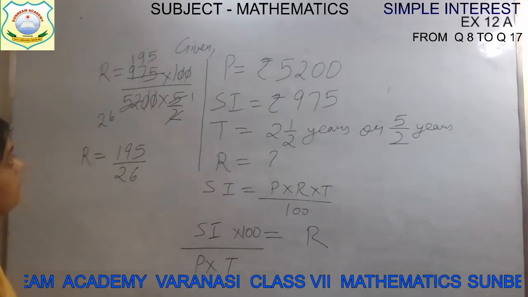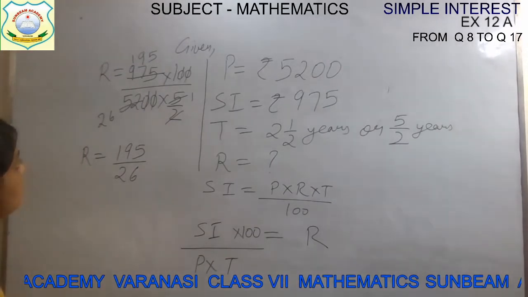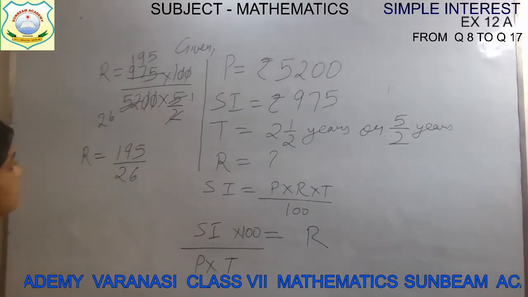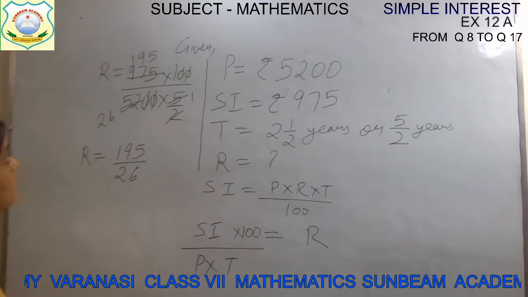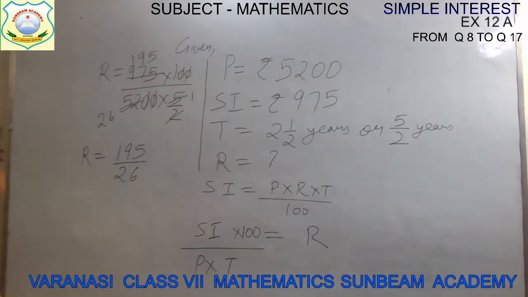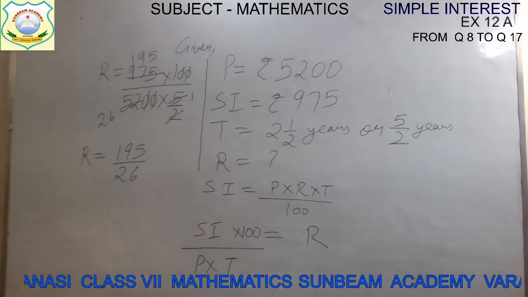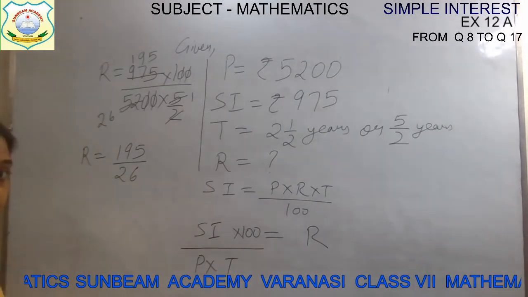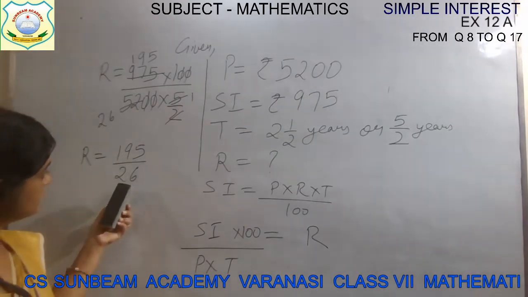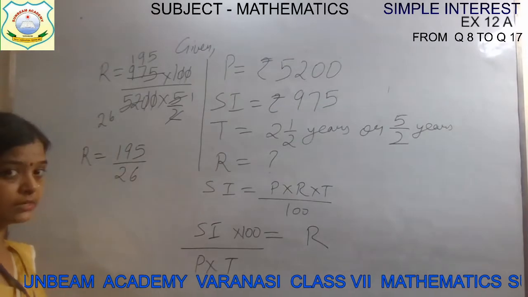Can you further simplify it, children? Come on. See any number through which you can simplify it? 13. Come on, children. Simplify it quickly. I think we can simplify it by using 13, because I have seen this 26, it's a multiple of 13. So let's check 195.